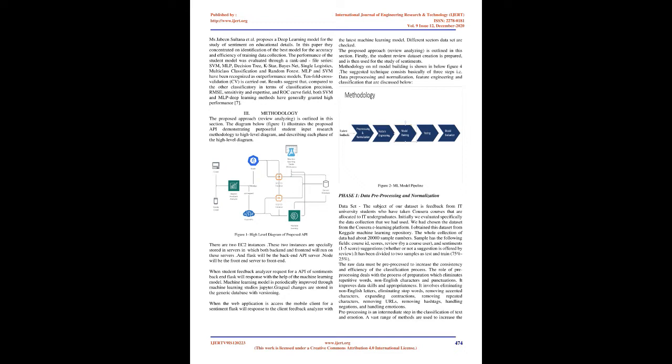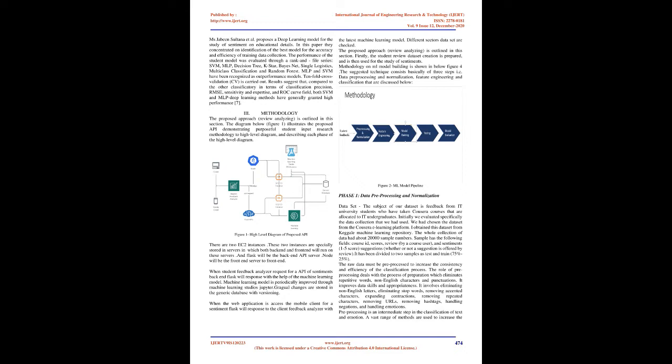Sanjay Bhargava et al. introduced machine learning algorithms using the Naive Bayes algorithm and opinion mining techniques focused on natural language processing. They used only 2 polarities, positive and negative. 6. Ms. Jabin Sultana et al. proposes a deep learning model for the study of sentiment on educational details. In this paper they concentrated on identification of the best model for the accuracy and efficiency of training data collection.